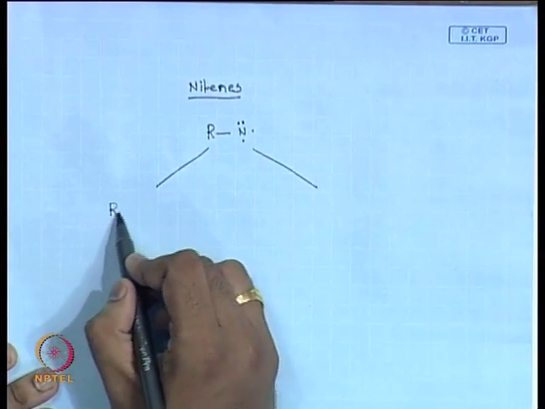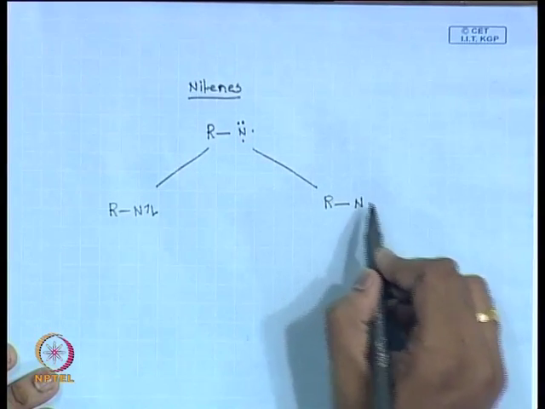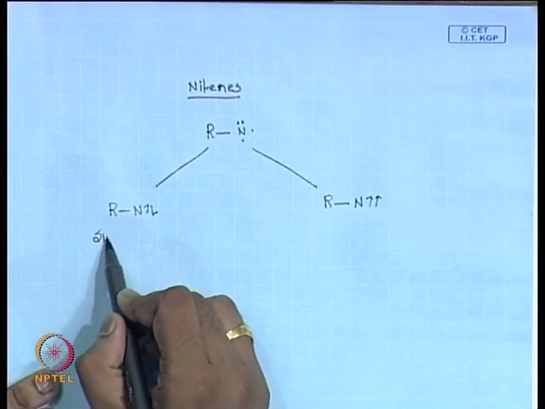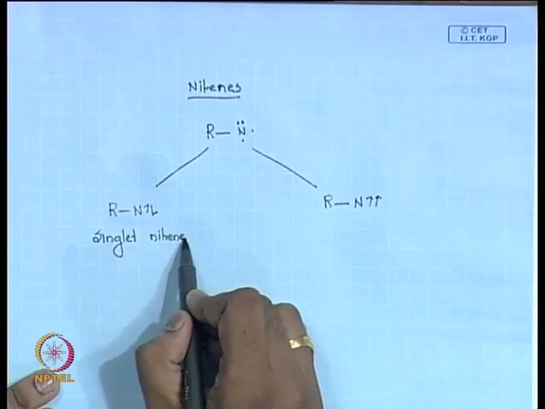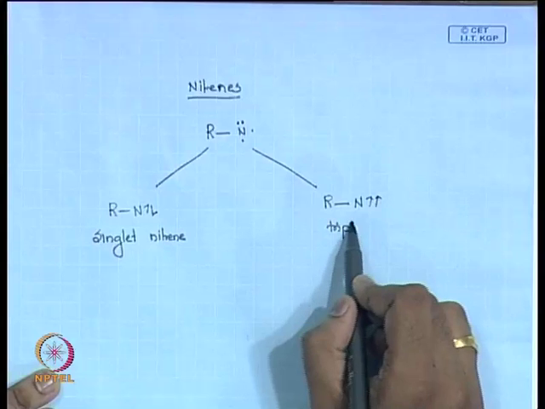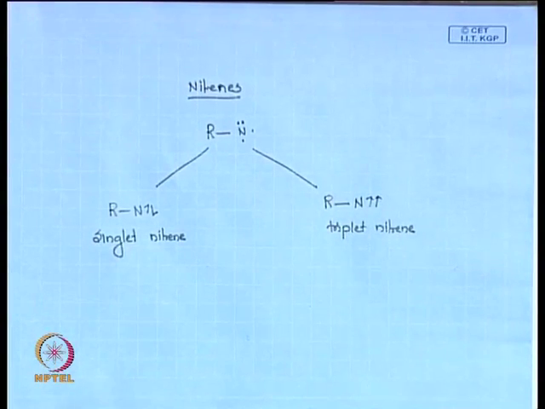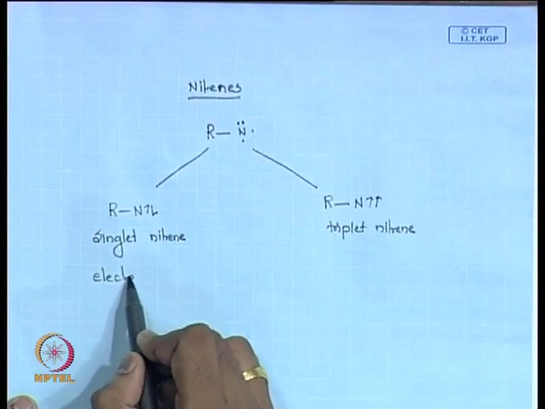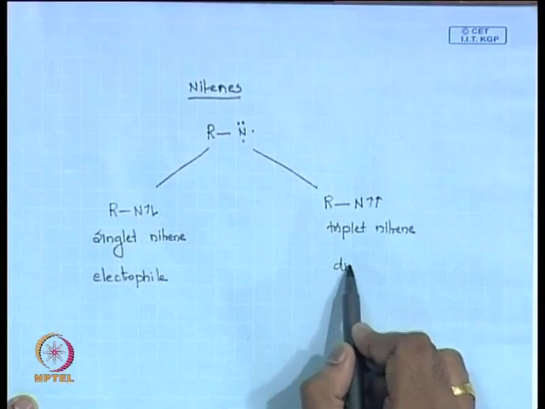One I call them as singlet, so this is your singlet nitrene, this is your triplet. And again this will be working like an electrophile, and this will be a diradical.